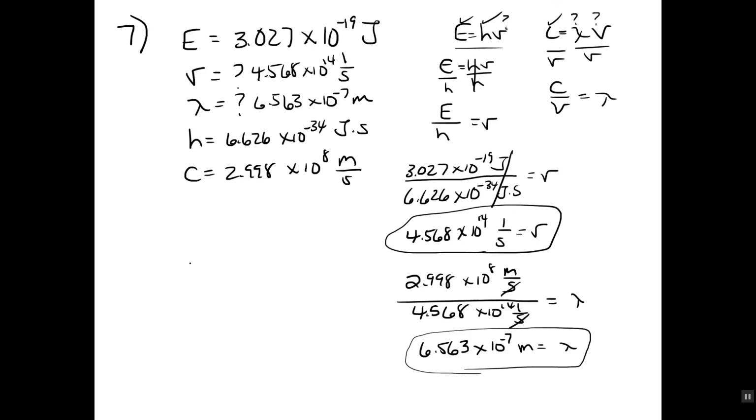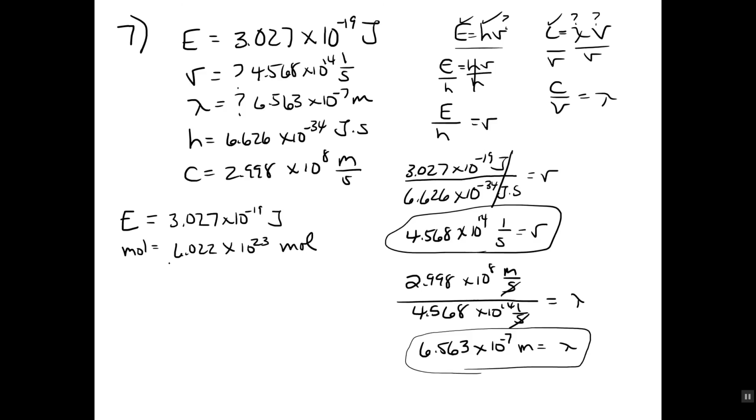Now it asked you, as it did in the previous problem, what is the total energy in 1 mole of photons? So again, you know the energy is 3.027 times 10 to the negative 19th joules, and you want to know in 1 mole how many there are, and in a mole you have Avogadro's number of particles, 10 to the 23rd.